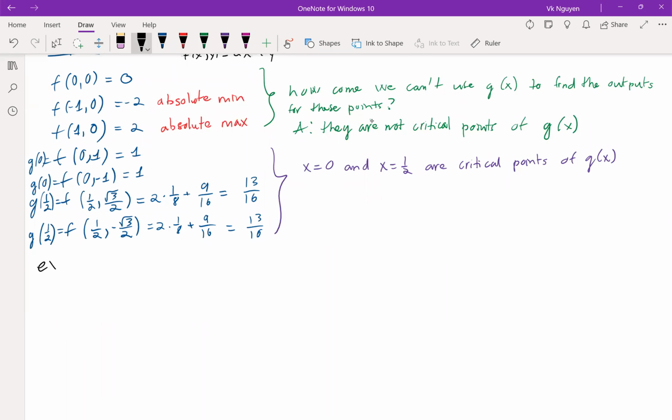Come on, another example. Find the dimensions of the box with volume 1,000 cubic centimeters that has minimal surface area.